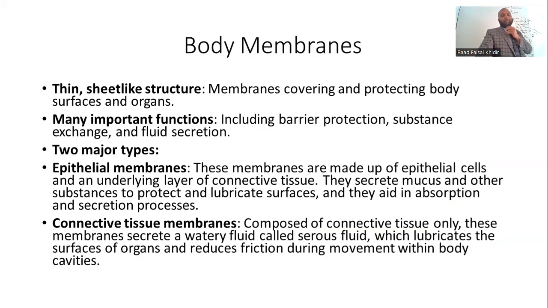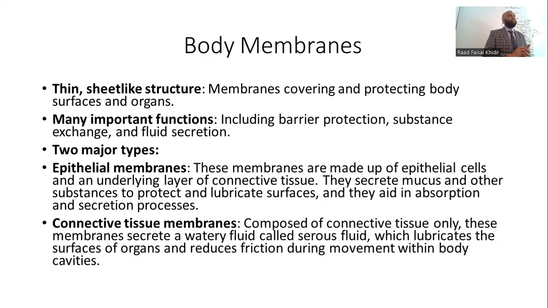So the body membranes are thin sheet-like structures covering and protecting the body surfaces and organs. They have many important functions, including barrier protection, substance exchange, and fluid secretion. There are two major types: epithelial membranes and connective tissue membranes.